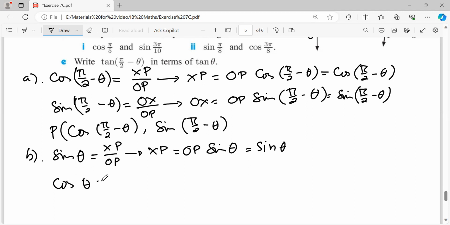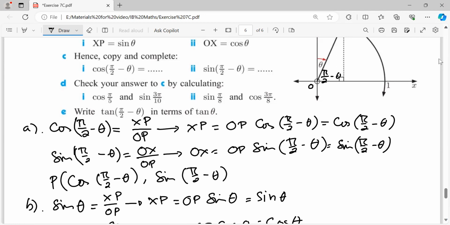And cosine theta equals OX over OP, so OX equals OP times cosine theta. OP equals 1, so OX equals cosine theta. And next, C.